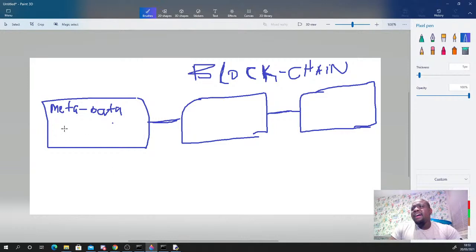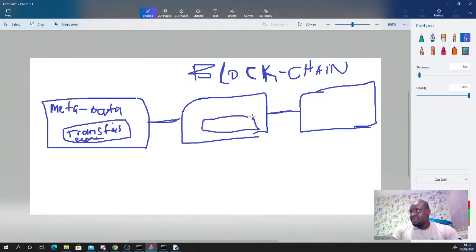The block will have a set of transactions, like someone sending someone money, transfers, or receiving money. So every block has a form of transaction.